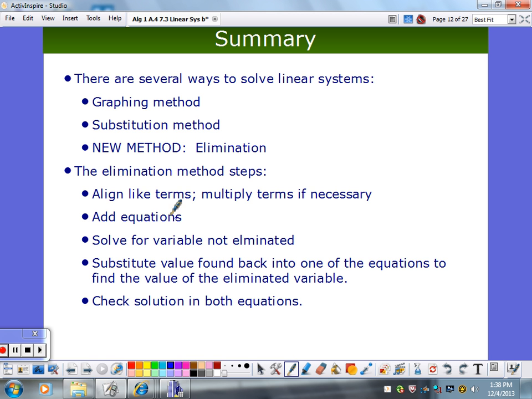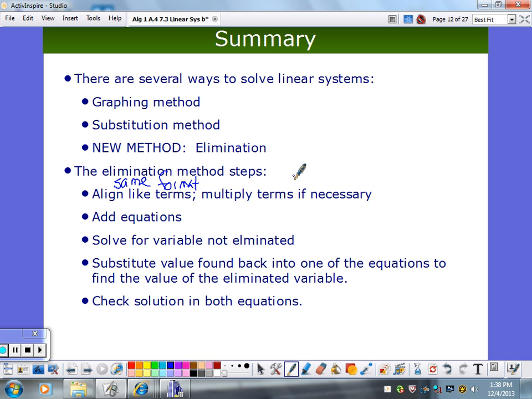Okay, so what did we just do? There's the graphing method, the substitution method, the elimination method. That's new. What's the method for that? You align like terms. So what do I mean by that? I want them in the same format, right? So that has to happen. You may have to do some multiplication. Now in our case, right now, we're only ever multiplying by -1. That will change.